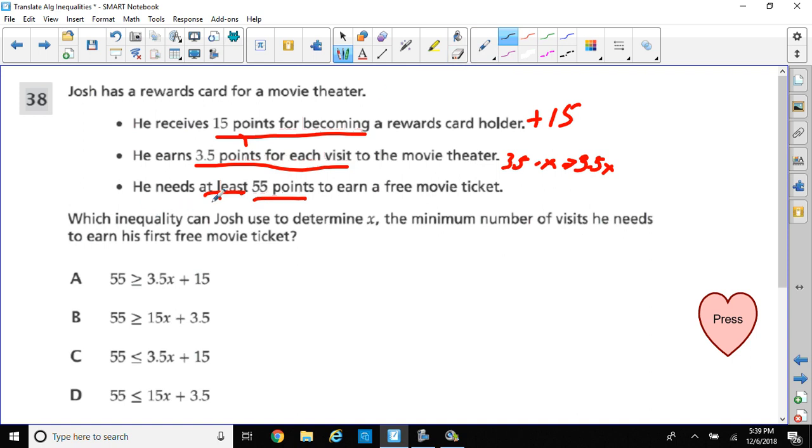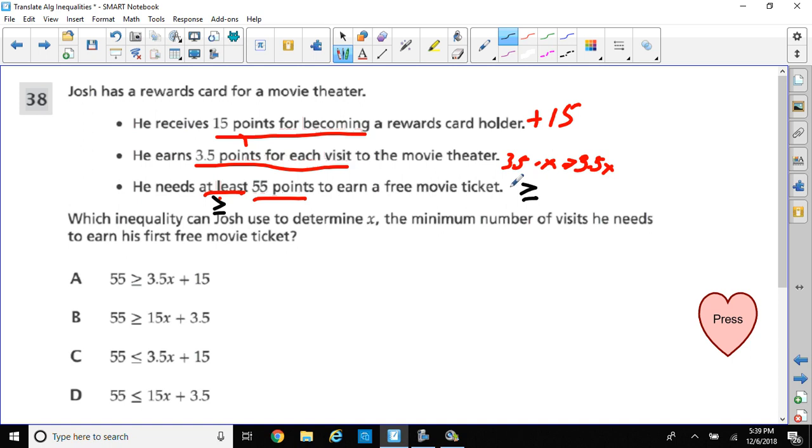So he needs 55 points or more. Whatever his points are, he already has 15 if he becomes a member.